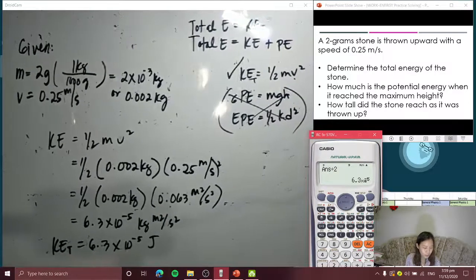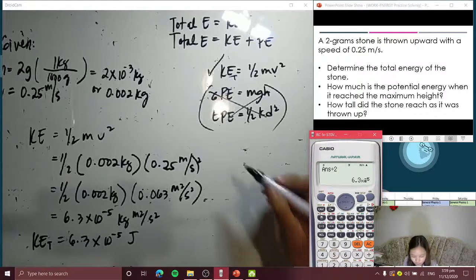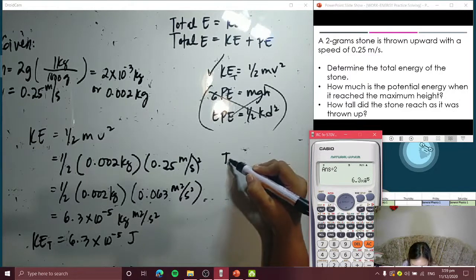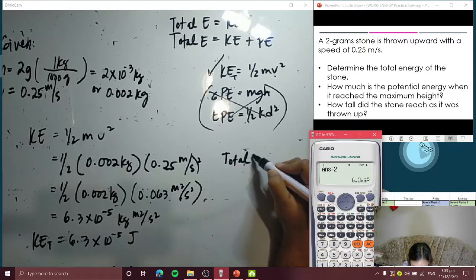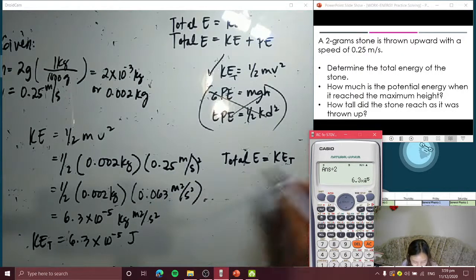Now the question is, pila ang aton nga total energy? For our total energy, so total energy is equal to total kinetic energy.